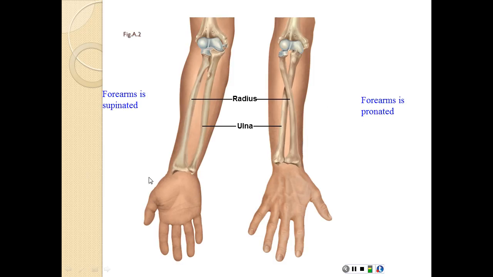So palms up facing forward is called forearm supination, and when you turn the wrist and your palms are facing downward, it's called forearm pronation. You see how the radius has rotated and is now on top of the ulna.